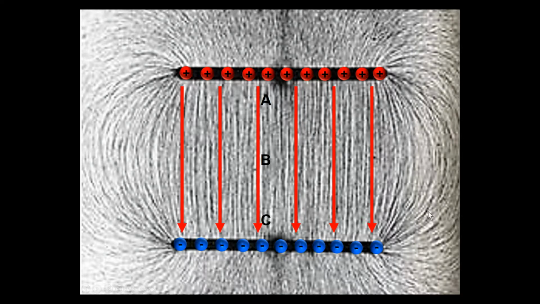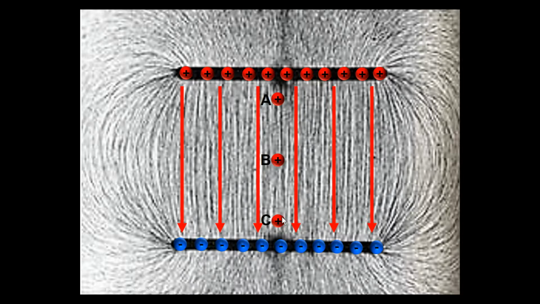They do bulge out at the ends, but in between here, it's pretty uniform. So my question is, if I had a positive charge at point A or B or C, where do you think that positive charge would experience the largest amount of force?